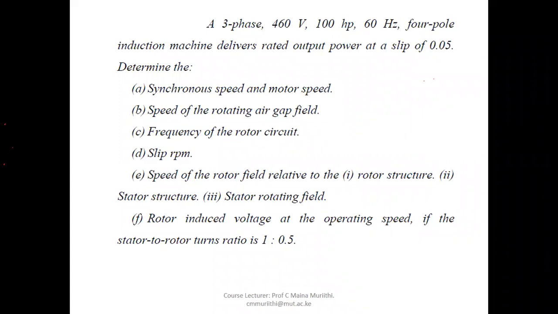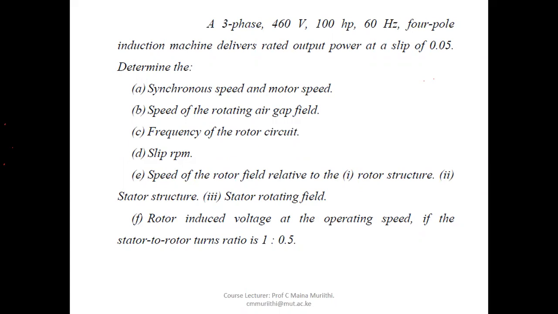So what will be the relative speed between the two? I would want you to think about it. Now, the field in the rotor is revolving. The stator structure is stationary. So what should be the relative speed? And then the field in the rotor is revolving and the field in the stator is revolving. So for part C, what is the relative speed between the two?